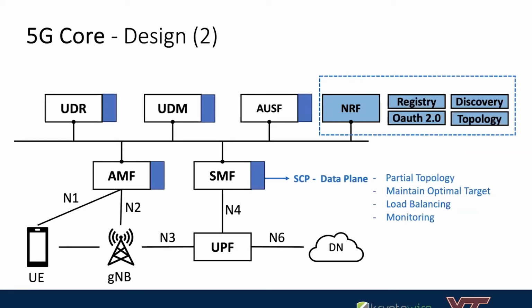If we take that a step further, 3GPP has, by the way, in release 16, standardized sidecar proxy-based indirect communication between NFs. So if you were to look into popular service mesh solutions, such as Envoy, the sidecar proxy, or Istio, and integrate, say, Istio into the 5G core, and by extension the 5G core integrated Open RAN ecosystem, it would be very intuitive to co-locate the control plane of the service mesh with the NRF, which already provides a bunch of the functionalities that a service mesh control plane is supposed to.